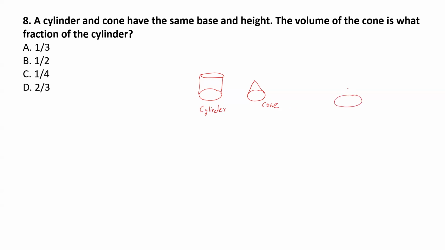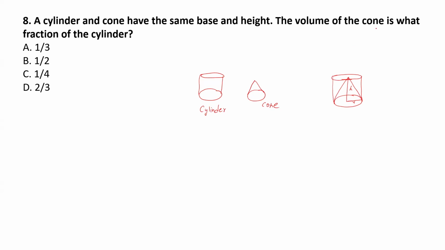Let's say this is the base, this is radius, this is height. On these two parameters, cone is formed. Let's say this is cone, and on this same thing, cylinder is also formed. This would be the cylinder, right? So height and radius of cylinder as well as cone are the same.